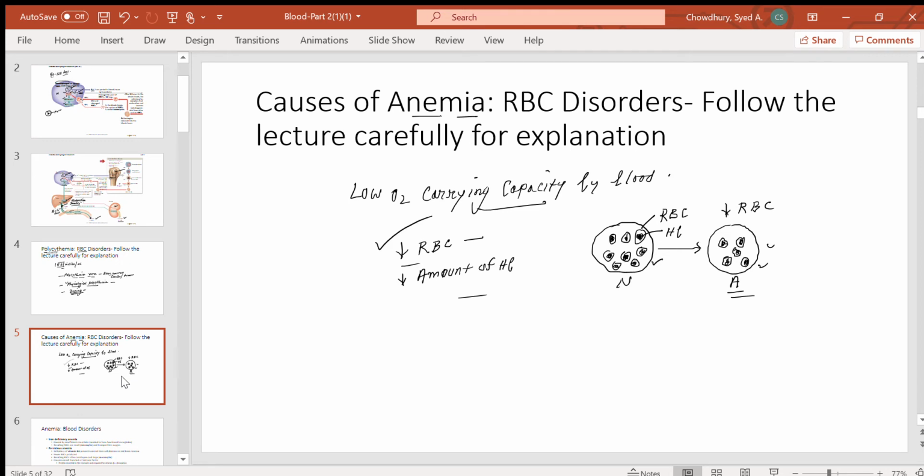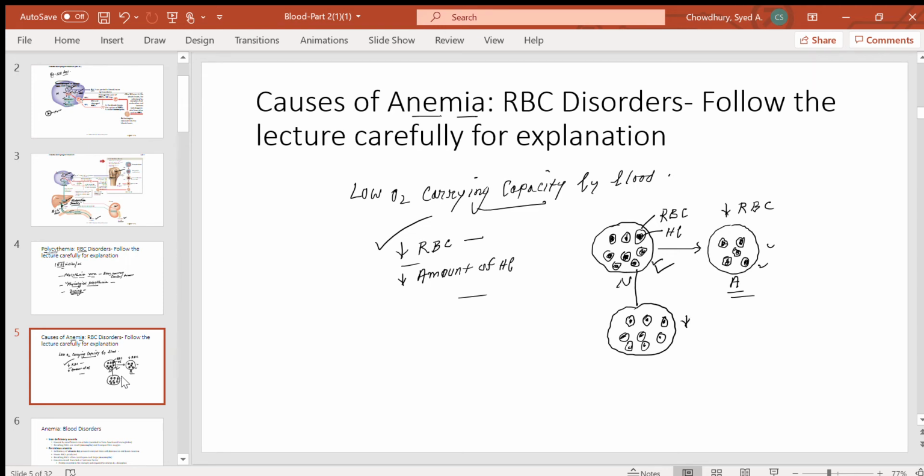This one. Now you see another condition. This is another person. You take the same amount of blood. Here the number of red blood cell count is same, normal, like this one. However, if inside the red blood cell the amount of hemoglobin is less than normal, you see the amount of hemoglobin is less, although the count of red blood cells is same. This blood will also carry less oxygen.